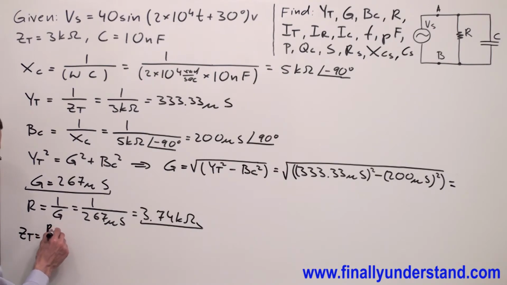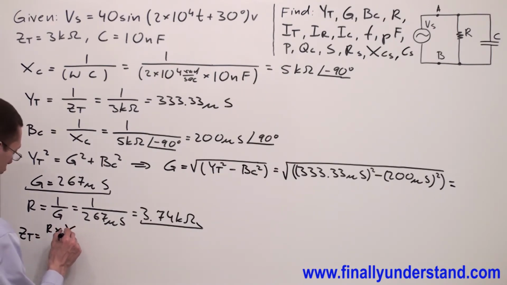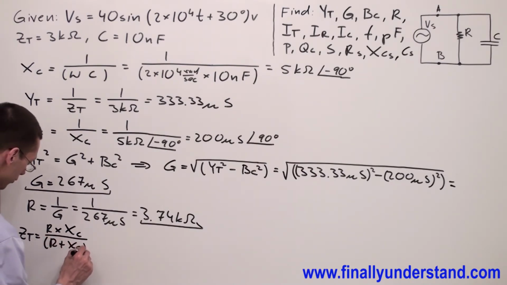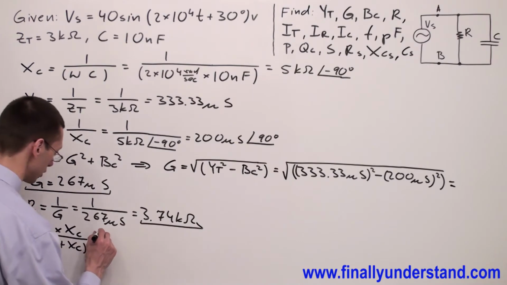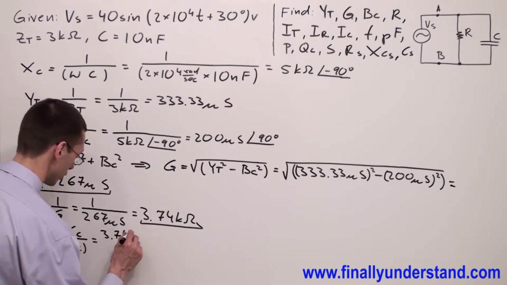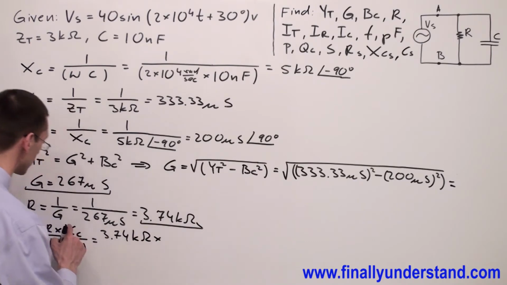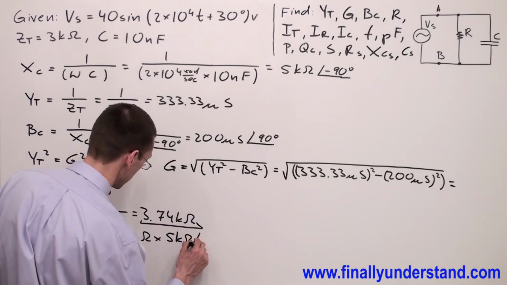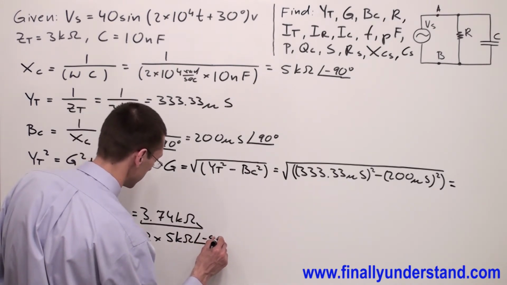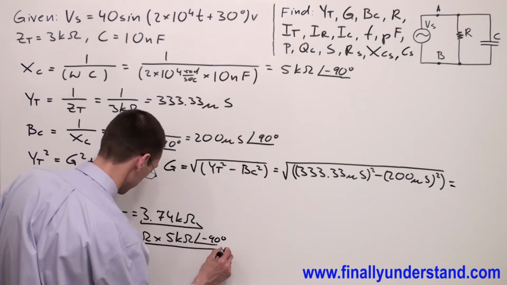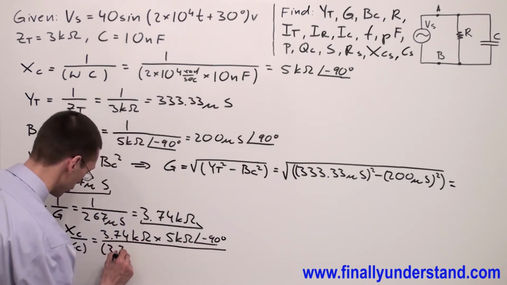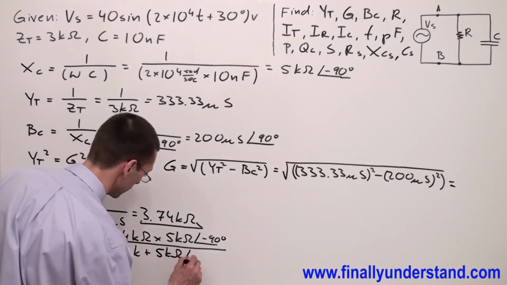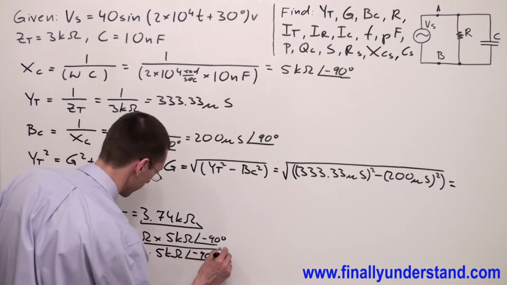So I have R times X of C over R plus X of C, where R is equal to 3.74 kilo ohms times X of C, 5 kilo ohms and angle of negative 90 degrees, over 3.74 K plus 5 kilo ohms and angle of negative 90 degrees.